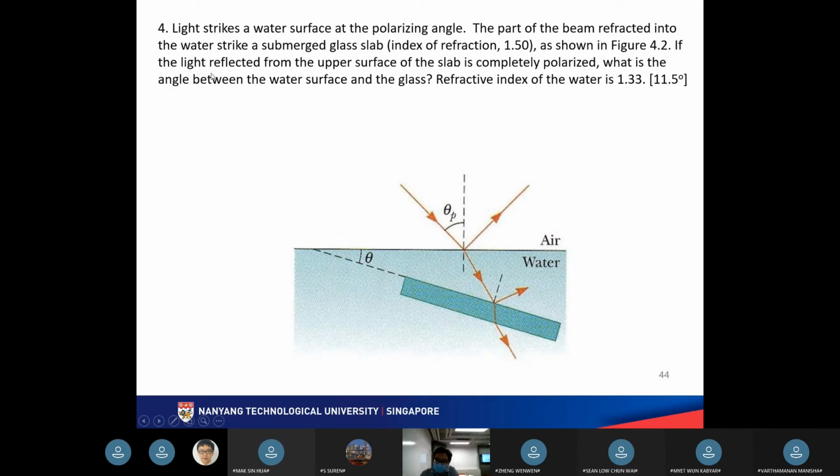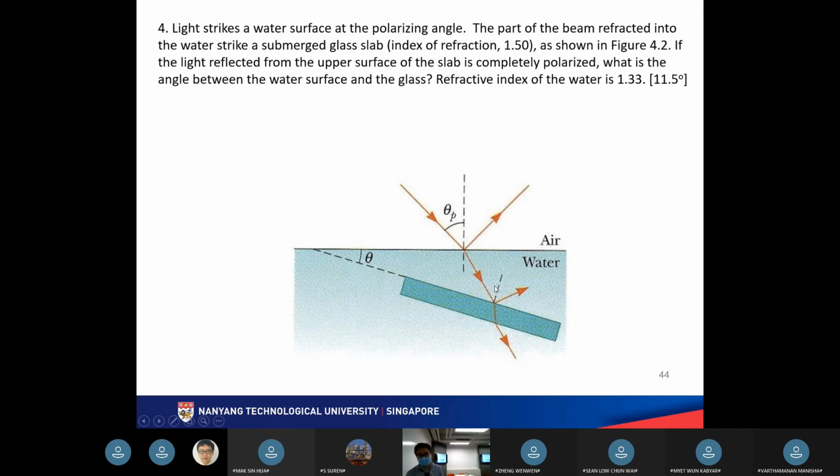The second part of this question: light reflected from the upper surface of this slab is completely polarized. What does this mean? Any idea? If this light here is completely polarized, what does this mean? Which means the incident angle is what angle? How about students online? The reflected light is completely polarized here.